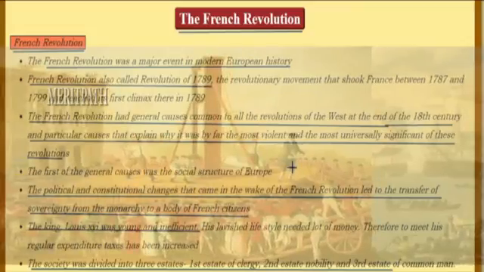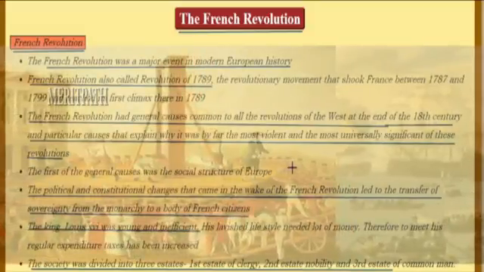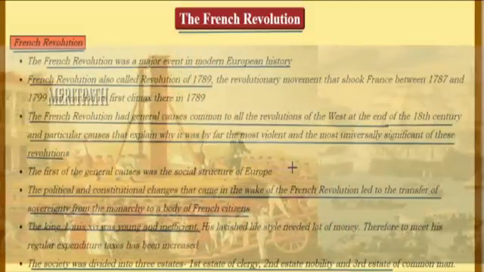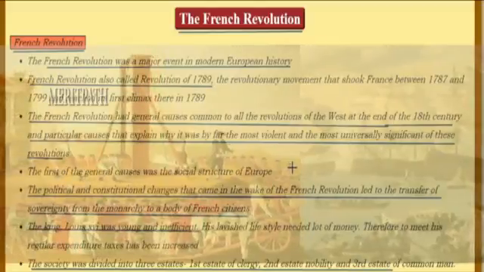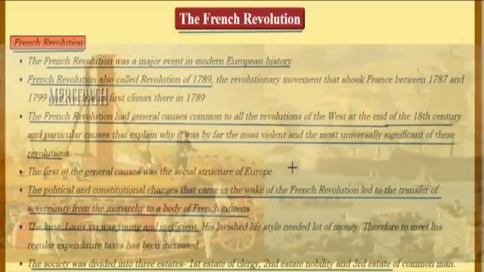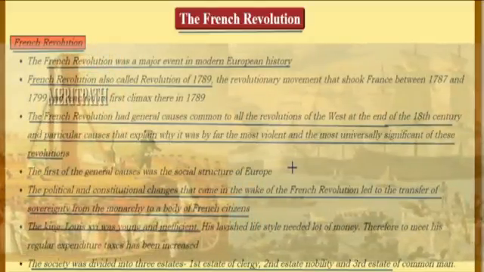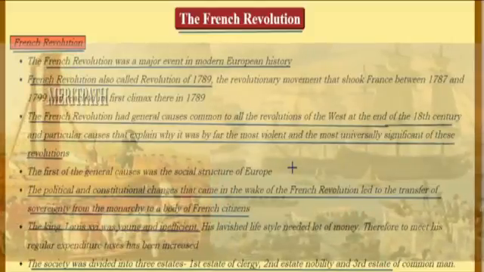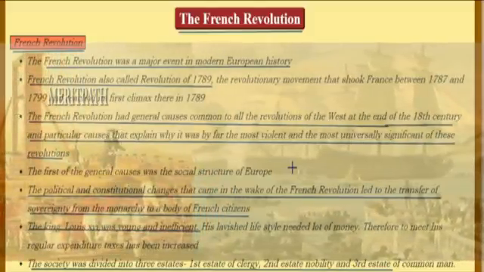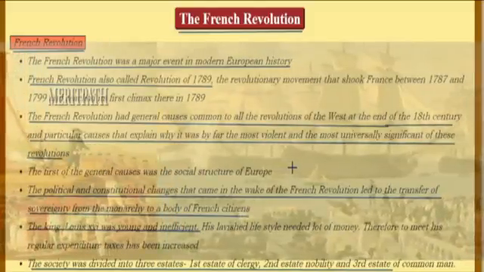The French Revolution was a major event in modern European history. The French Revolution is also called the Revolution of 1789. The revolutionary movement which shook France between 1787 and 1799 reached its first climax in 1789.